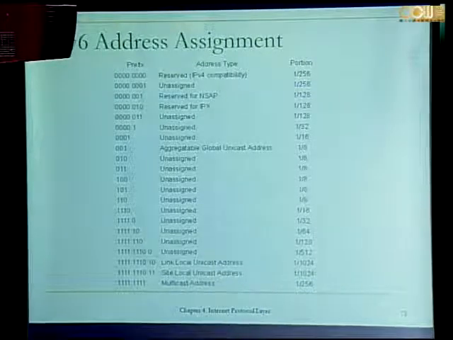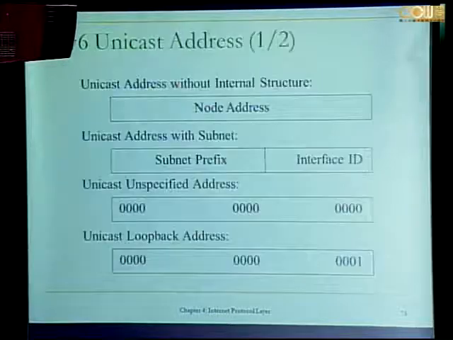So mostly we are using the 1/8 addressing space, which starts from 001.